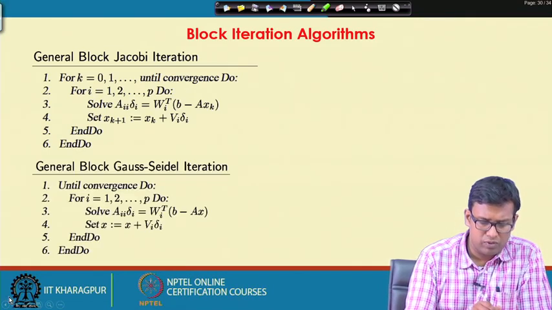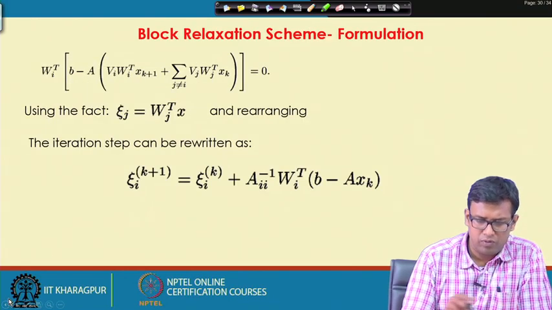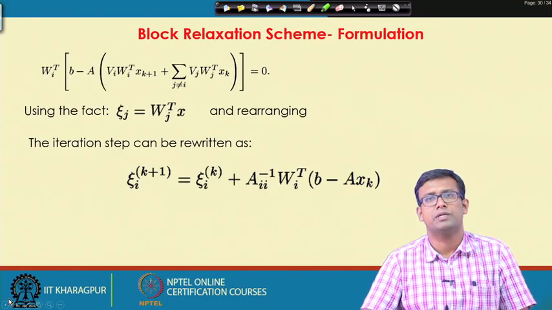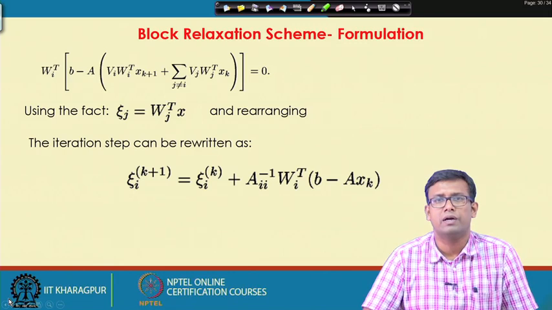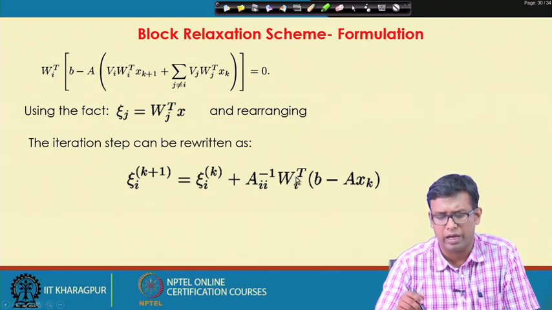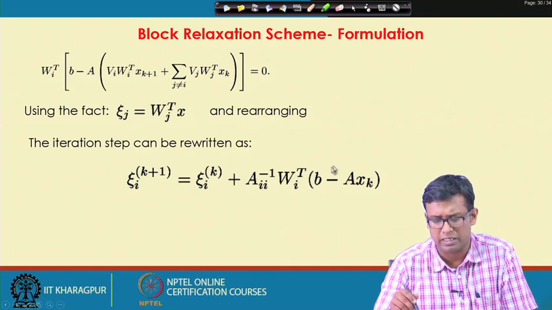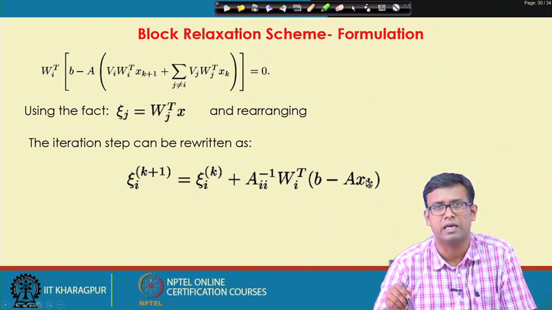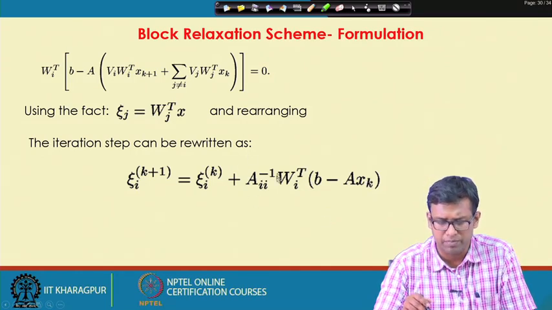This is exactly what we do in a Jacobi iteration step. We get the mapping weight function W, multiply its transpose with B minus A x^k, then multiply with A inverse and add xi^k.